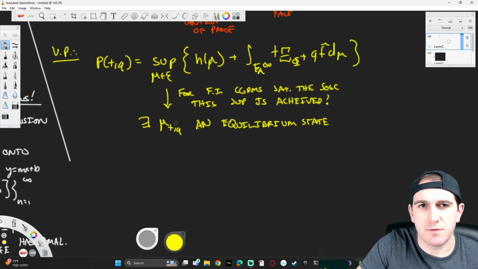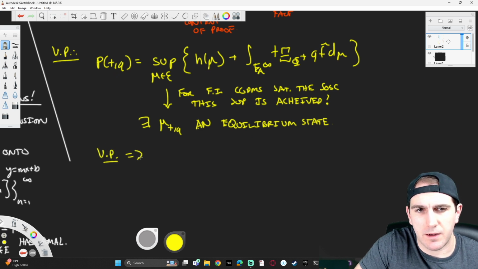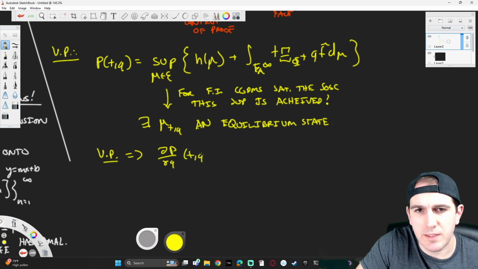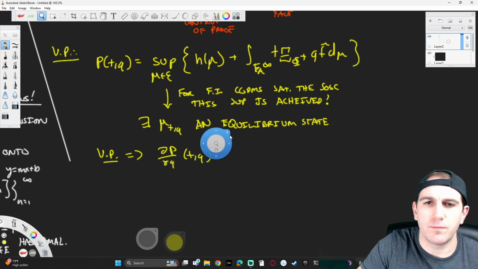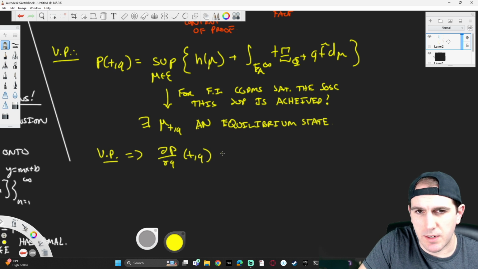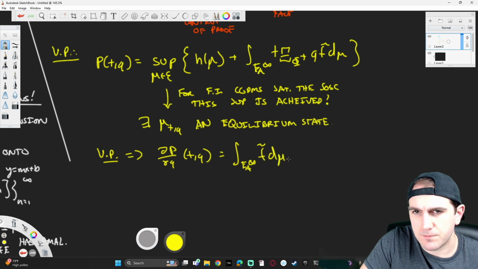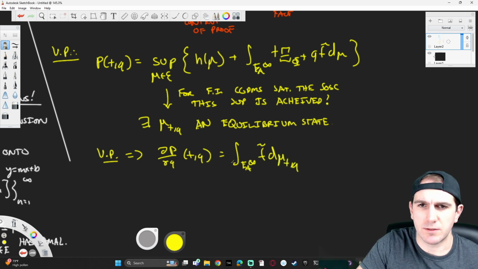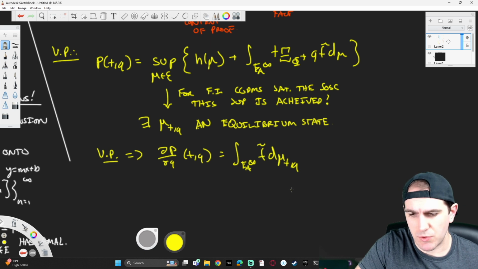And the variational principle also lets us say that the derivative of pressure with respect to Q, and this is where we're forming this quantity that we can do numerics on, will be equal to the integral over the symbol space of my amalgamated function of f with respect to the equilibrium state at TQ.